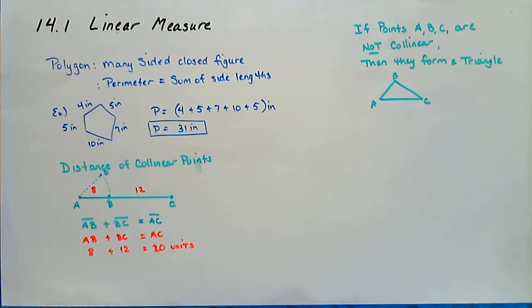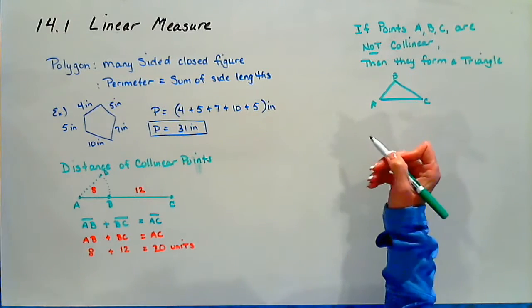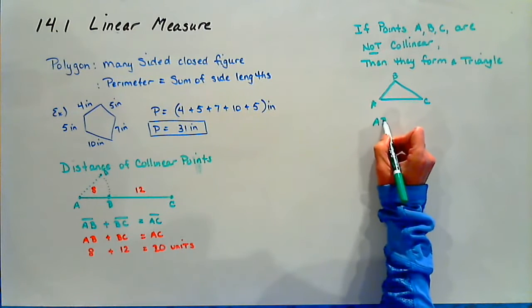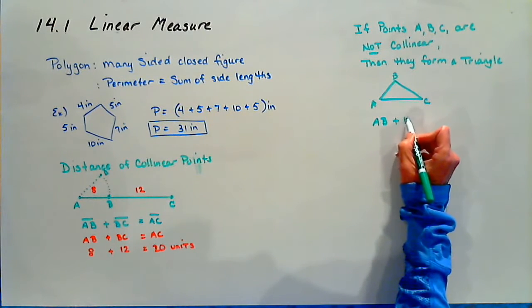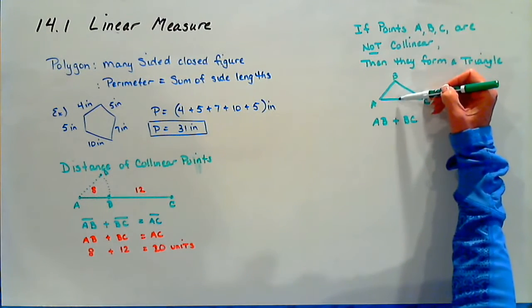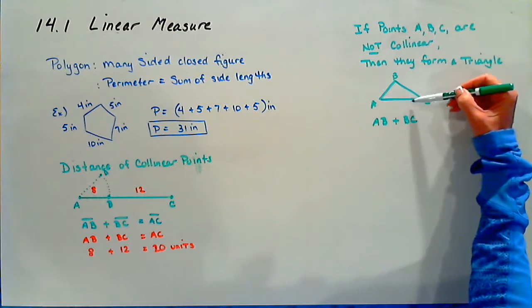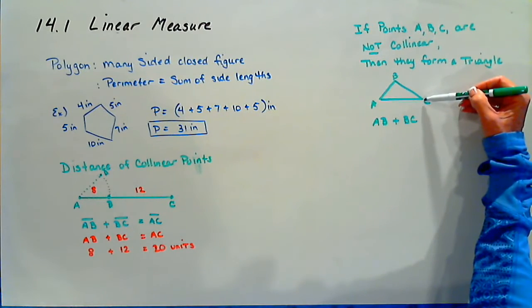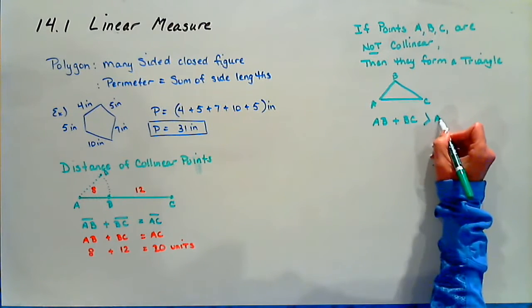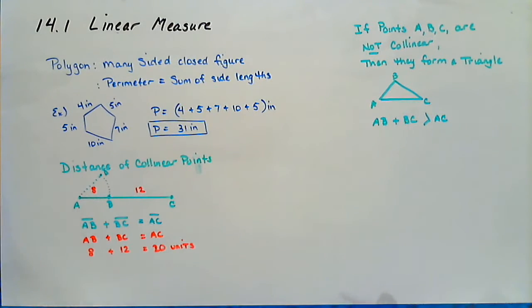So we have this great triangle sum theorem, right? That says if I take any two sides, let's say I take side AB and I add it to side BC. Well, now remember, if B was located right down on this collinear line, if all three of them are lined up, then that's going to equal the total distance. On a triangle, any two sides added together will always produce a number larger than the length of the third side.